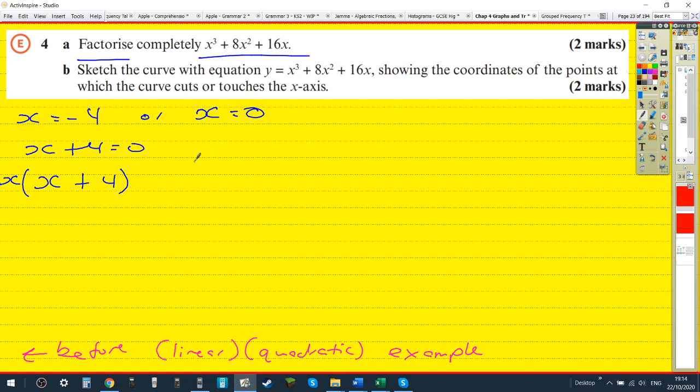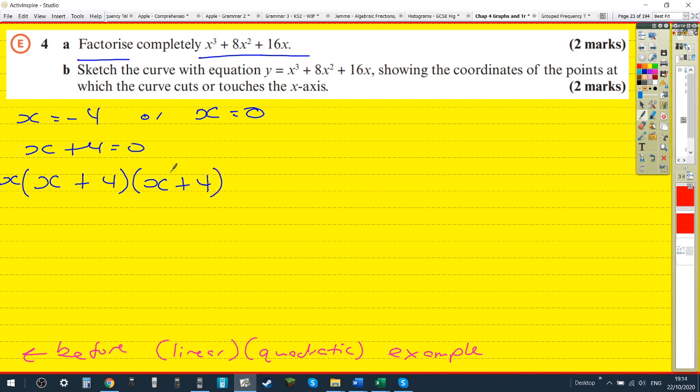We need to get this. Any idea what we're missing? Are we missing another x? They'd have to multiply out to make 16x. So you need 4x. We need another x plus 4.